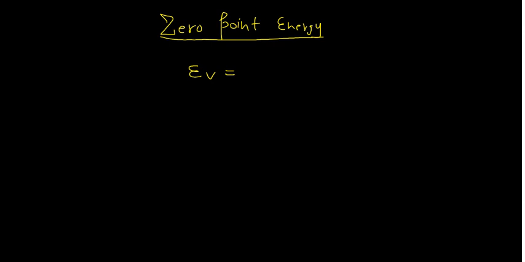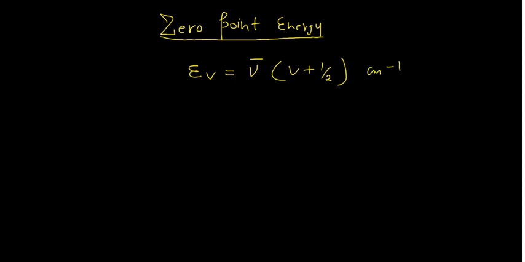Zero point energy, right? What is the zero point energy actually in that case? So you get this equation, epsilon v equals nu bar times (v plus half), and it is in centimeter inverse, right?